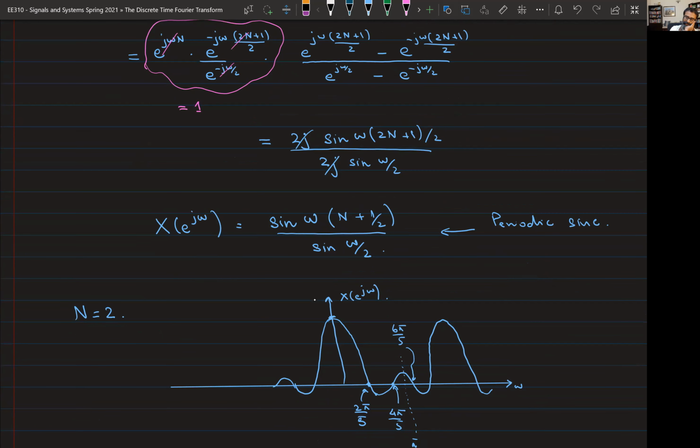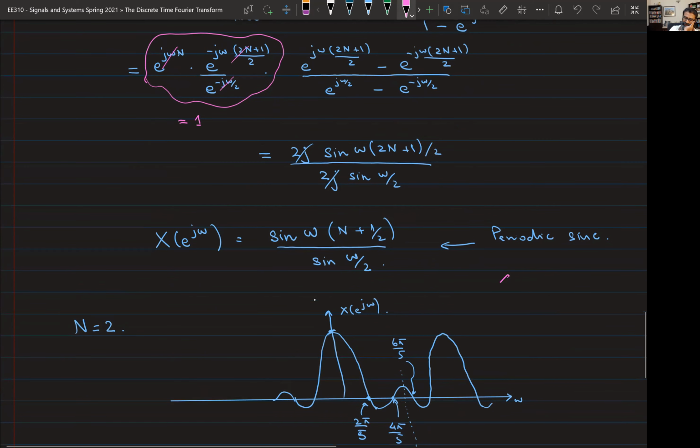So x of e raised by j0 is actually summation n equals minus infinity to plus infinity x of n, right? It's just the DC value or the area under the curve, if you will. I mean, the discrete time version of it, right?